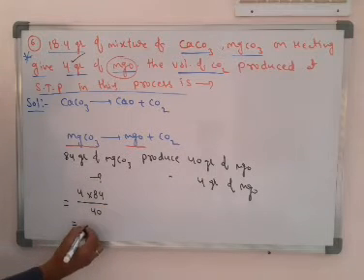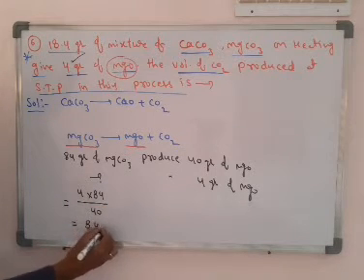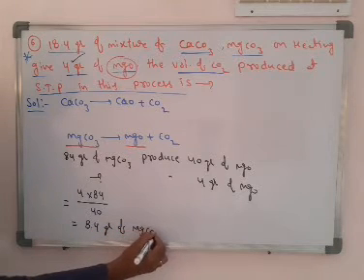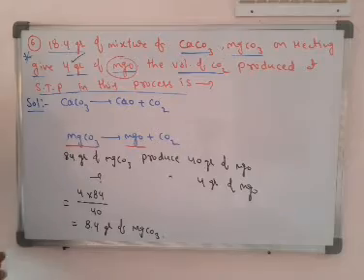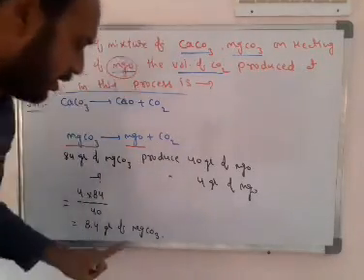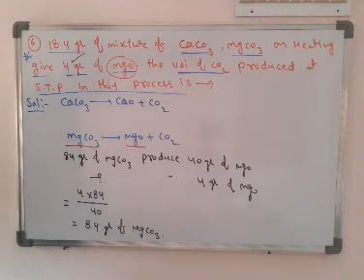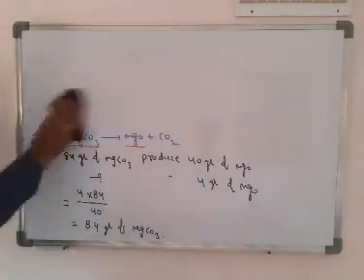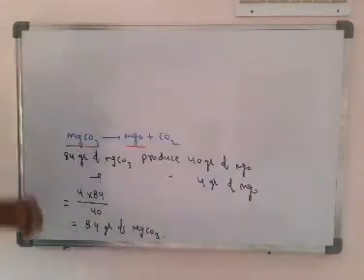So here we will get 8.4 grams of MgCO3. Now you got 8.4 grams of MgCO3. So after getting 8.4 grams of MgCO3, we are able to know the amount of CaCO3 also.